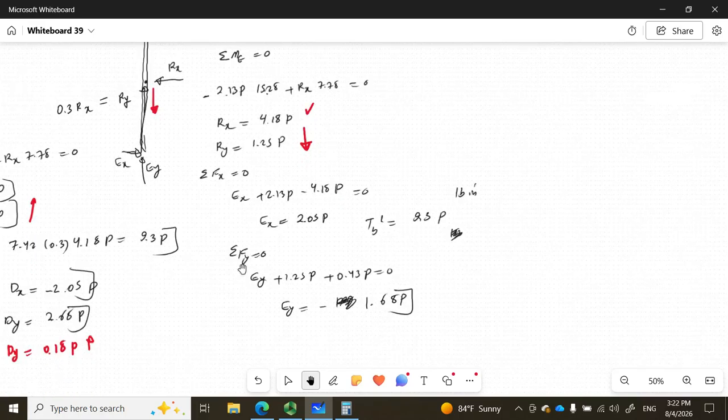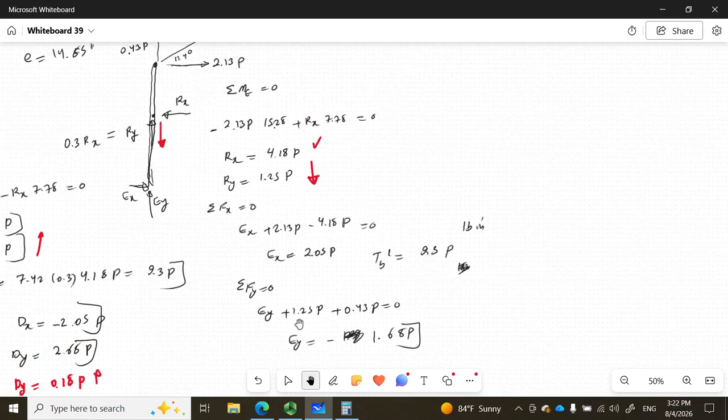But here, the Ry 1.25 is now going negative.